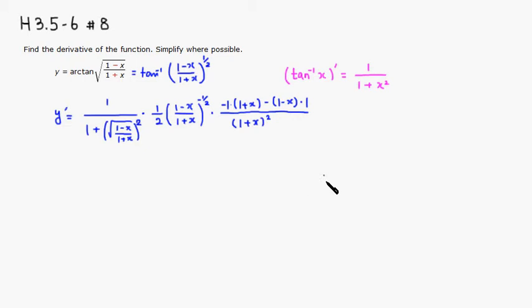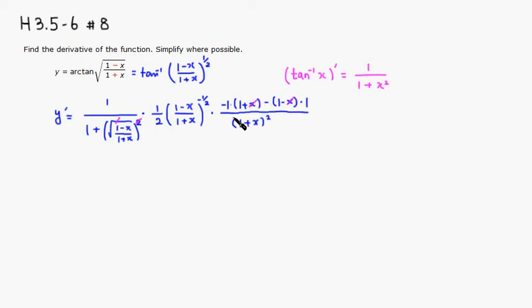Then try to simplify as much as possible. First we can cancel the square root and the squared. Here on top, there's a negative x and a positive x, so you can cancel those.